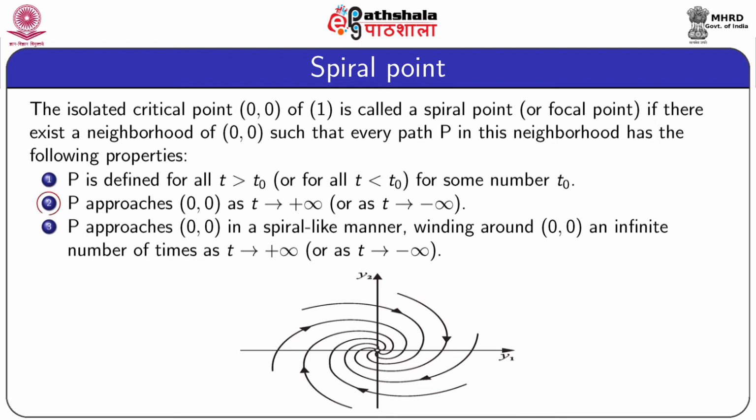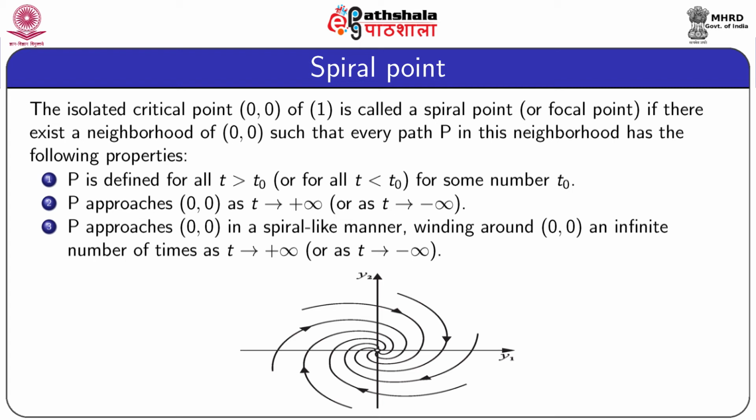Second, P approaches (0,0) as t tends to plus infinity or as t tends to minus infinity, and P approaches (0,0) in a spiral-like manner, winding about (0,0) an infinite number of times as t tends to plus infinity or as t tends to minus infinity.